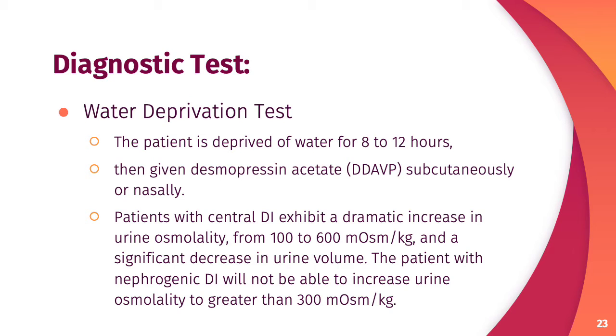If the patient has DI, they exhibit a dramatic increase in urine osmolality and a significant decrease in urine volume. However, if the patient has nephrogenic DI, meaning the kidneys have a problem, they will not be able to increase urine osmolality to greater than 300 mOsm per kilogram.